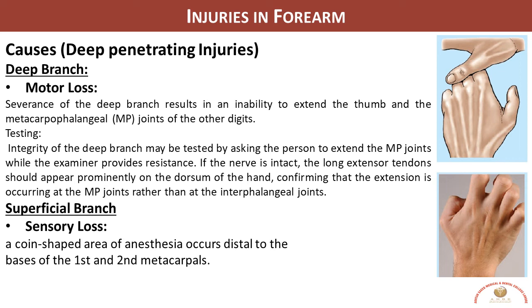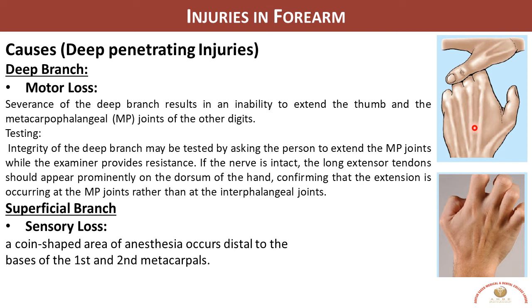Severance of the deep branch results in inability to extend the thumb at the metacarpophalangeal joints and other digits. The person is unable to extend the thumb at the metacarpophalangeal joints because the deep branch supplies that area. You can see here the simple digitations of the extensor digitorum.